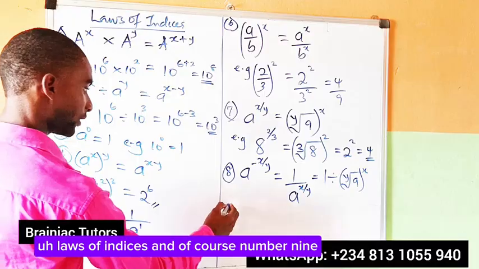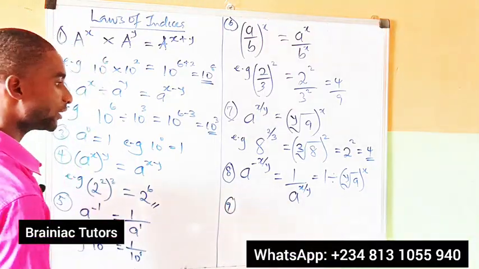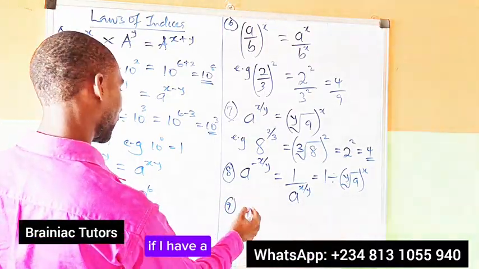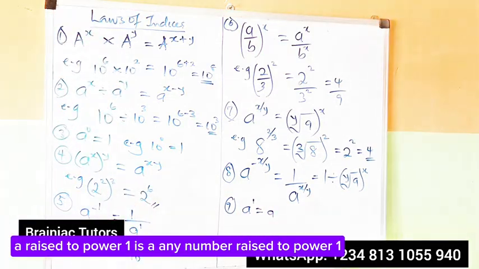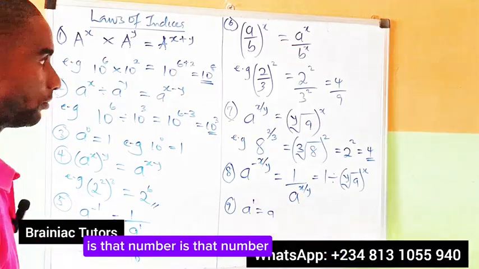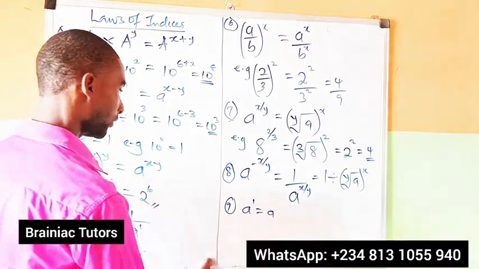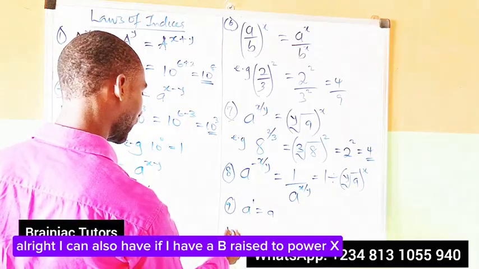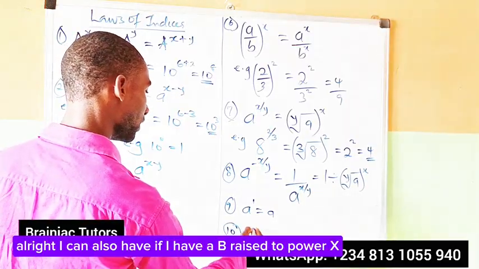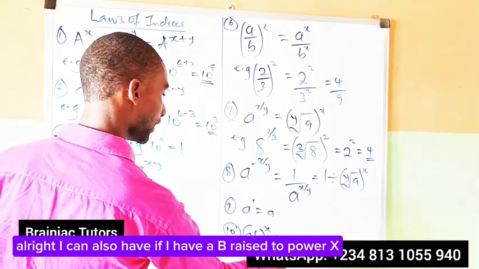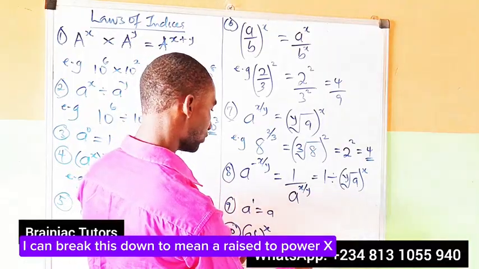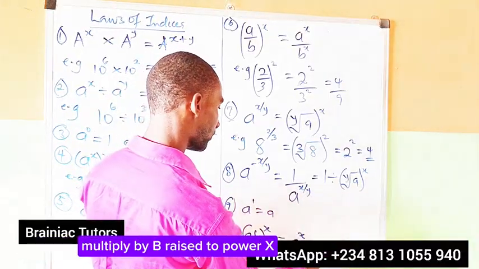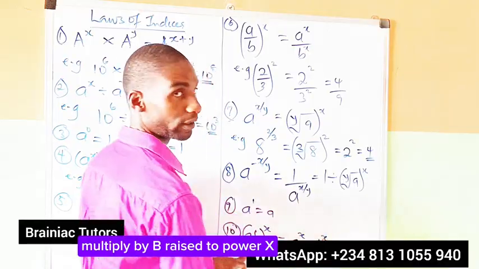And then of course, number 9, if I have a raised to power 1 is a, any number raised to power 1 is that number. Alright, I can also have, if I have ab raised to power x, I can break this down to mean a raised to power x multiplied by b raised to power x.